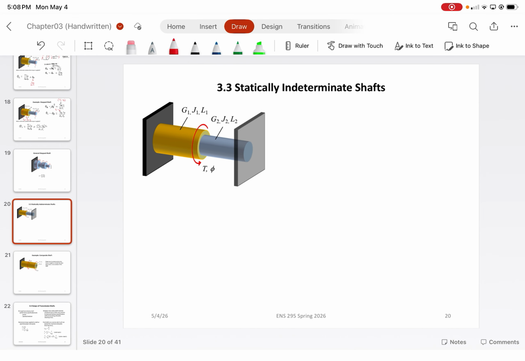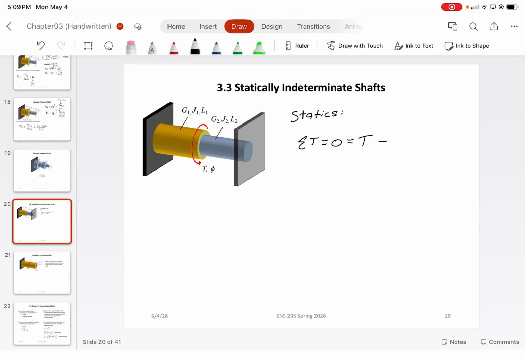All right, so going into statically indeterminate shafts, guess what? It's the exact same as what we had dealt with for axially loaded shafts. From this case, we know that the statics for a statically indeterminate shaft has to equal the sum of the torques equals 0. And this would just be the total torque that's applied, in this case the torque applied at the interface of the two rods.